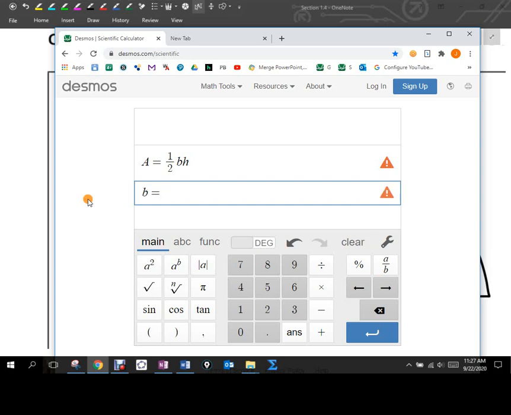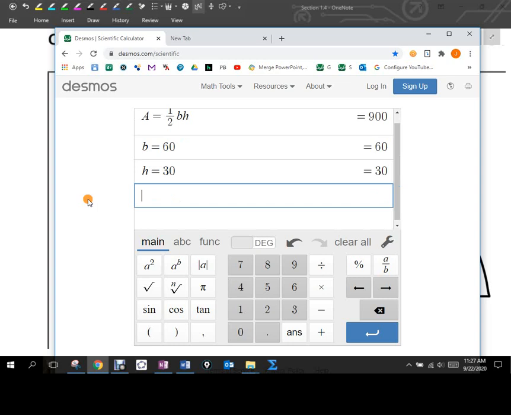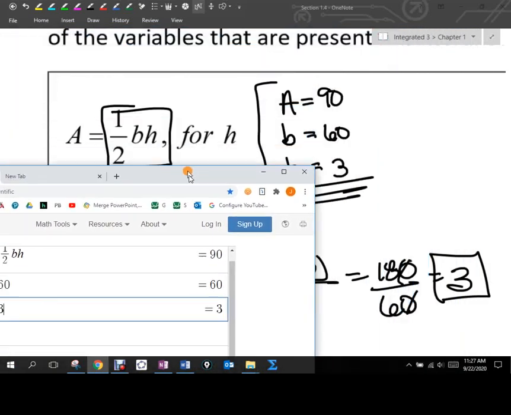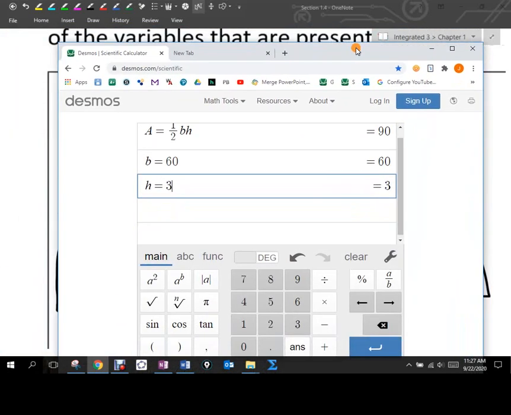B was 60. H was 3. Sorry. All right, so that gave us those values of 90, 60, and 3, right?